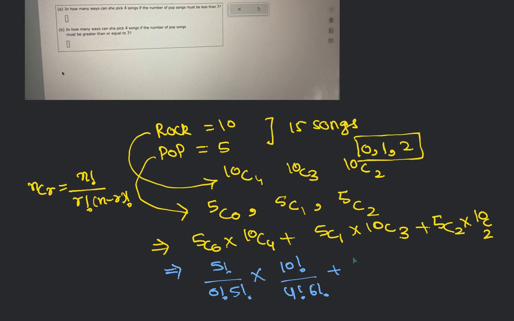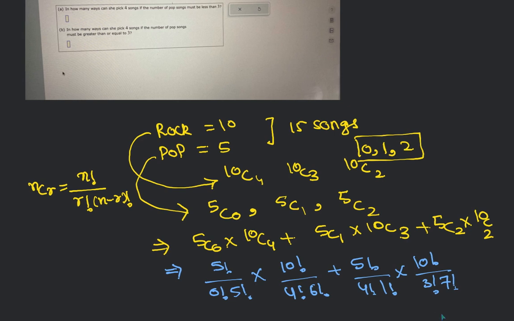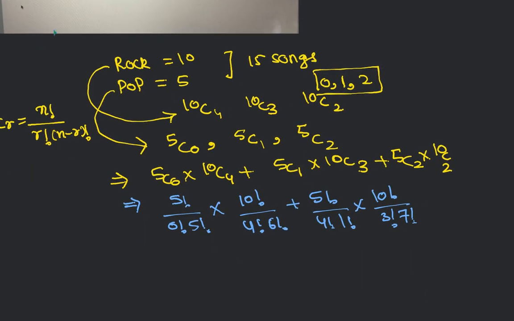Then the next one is 5 factorial over 4 factorial into 1 factorial, then 10 factorial over 3 factorial into 7 factorial. And the next one equals 5 factorial over 2 factorial into 3 factorial, multiplied by 10 factorial over 2 factorial into 8 factorial.